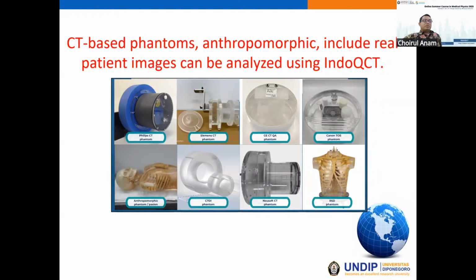And also the IndoQCT can measure the image quality from the anthropomorphic phantom, from the CTDI phantom, and also directly from the patient images. And in the last session of our summer course, we will try to measure the image quality directly from the patient images using the IndoQCT.